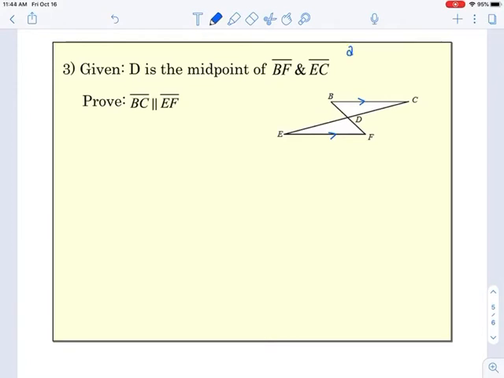You can either have alternate interior angles that are congruent. You can have alternate exterior angles that are congruent. You can have corresponding angles that are congruent, or you can have interior angles on the same side of the transversal that are supplementary.